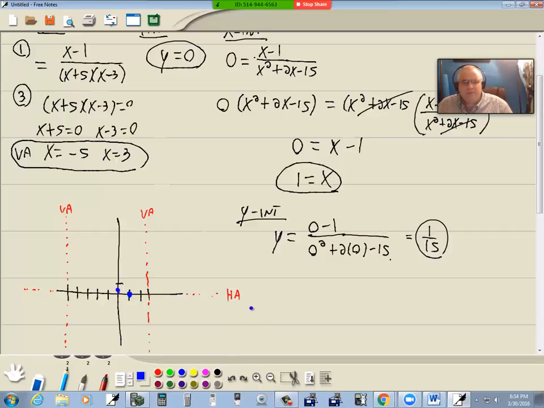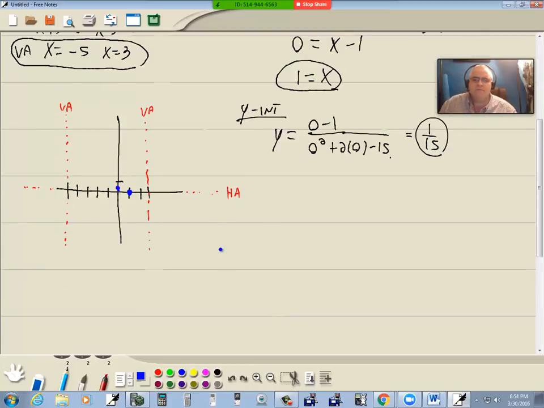Now let's come up with our graph. I know it skims these lines here. I know it has passed through here and here. So if it skims this, it's coming down here, it's passing through there, passing through that, and then skimming that.